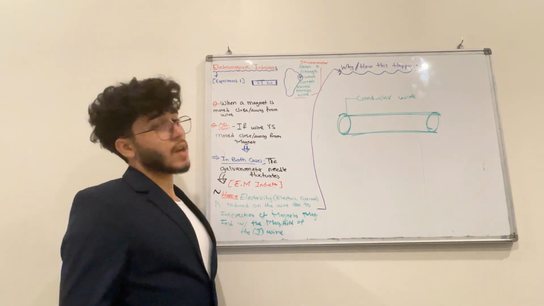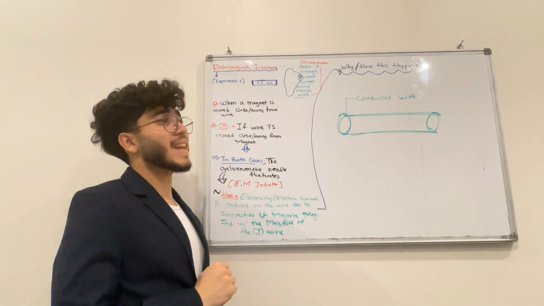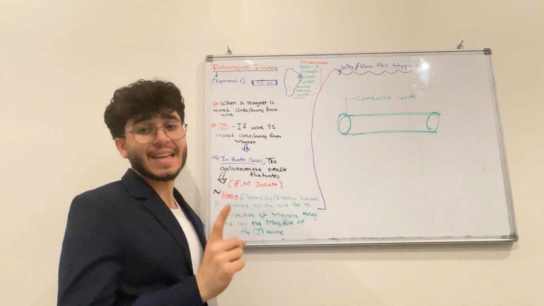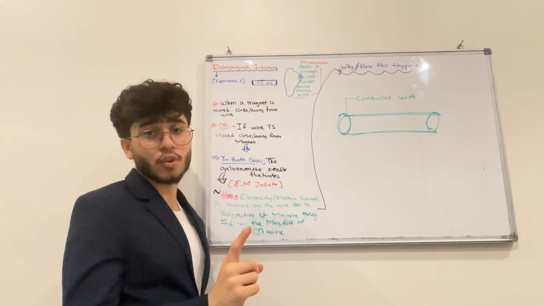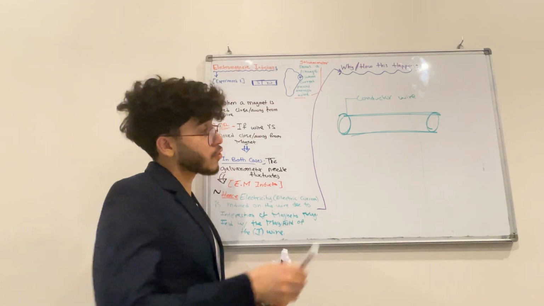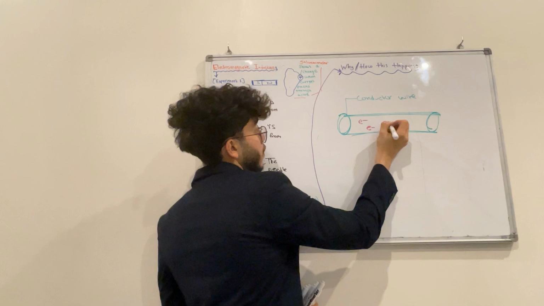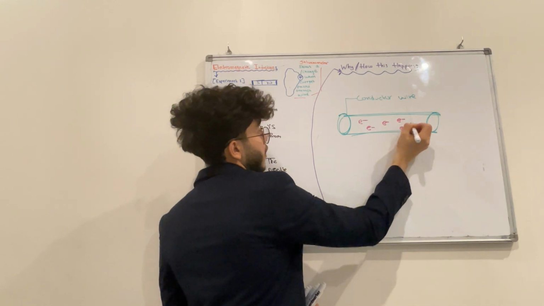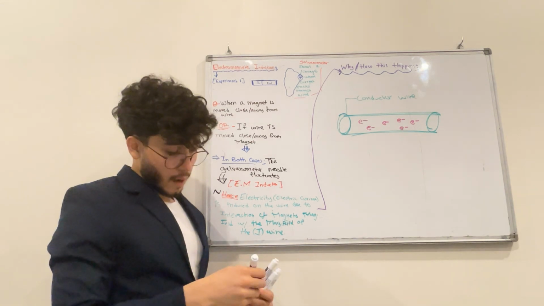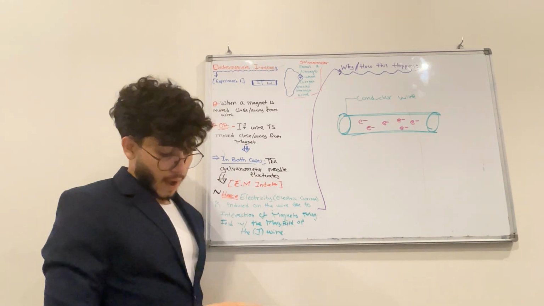Now, number one, what do we know about a conductor wire? Any electrical conductor has free, mobile, delocalized electrons spread throughout the conductor, correct? Perfect. Any single current carrying wire has what?